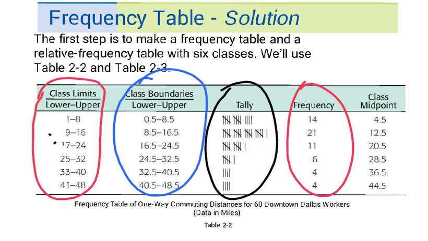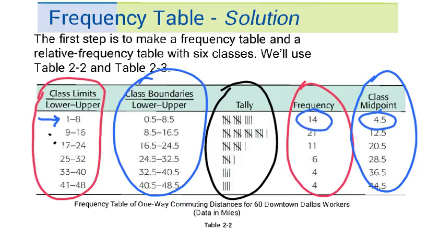And then lastly, we have the class midpoints, which we can use as averages for the classes just to have an idea about what the class represents. So for the class from 1 to 8 miles, the 14 people in that class, their average commute we might think of as being 4.5 miles. That's what we use the class midpoint for.